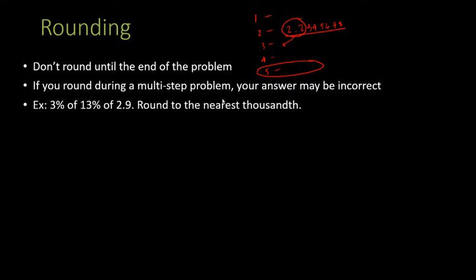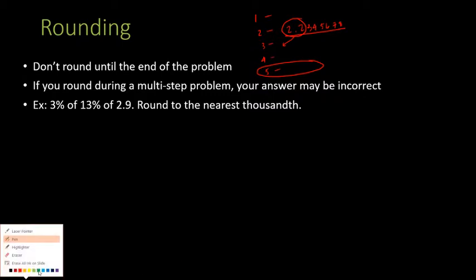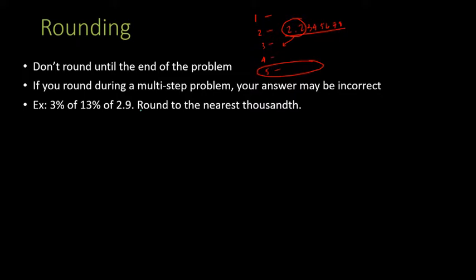Let me give you an example of how this affects your final answer. So say the question has asked you to find 3% of 13% of 2.9, and it's asked you to round to the nearest thousandth. So here's what you would do. You would just find 13% of 2.9, and you find that it's 0.377.